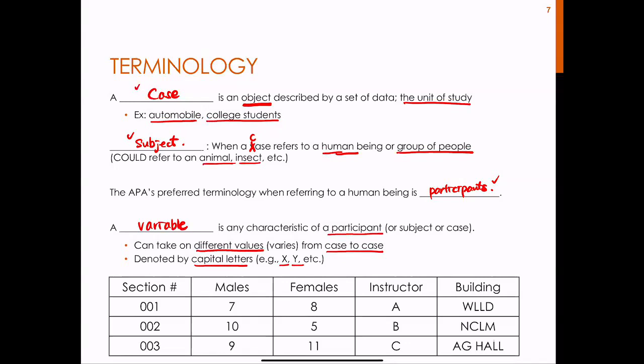So in this table at the bottom, how many variables are in here? We have 5 different variables: section number, males, females, instructor, building.